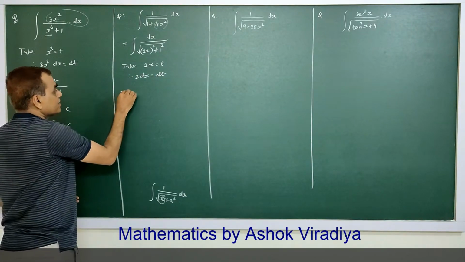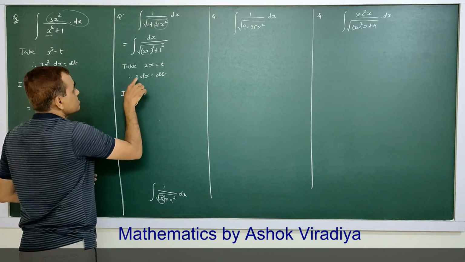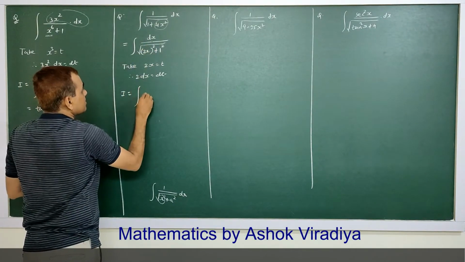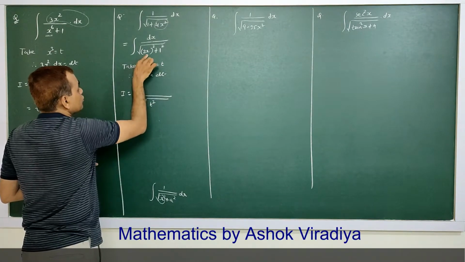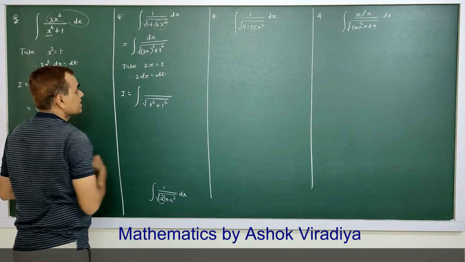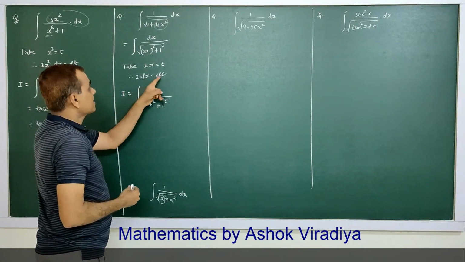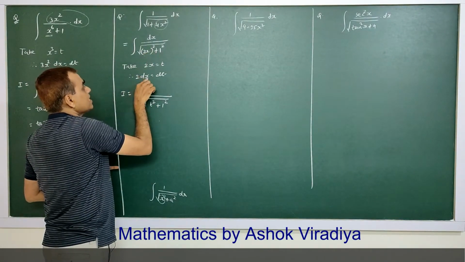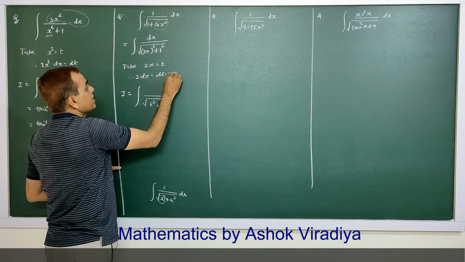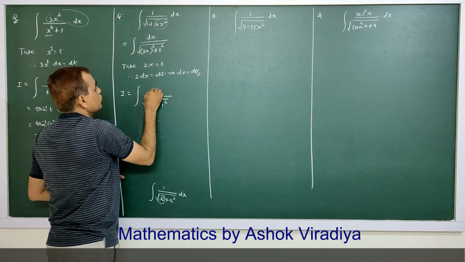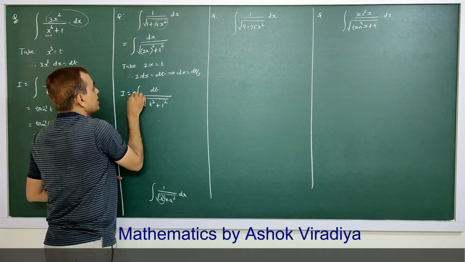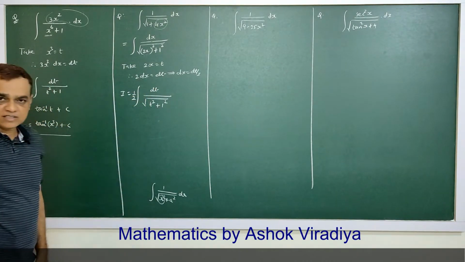So the integral is, here 2x is t, 1 as it is, and dx is dt by 2. So we keep dt by 2 outside.